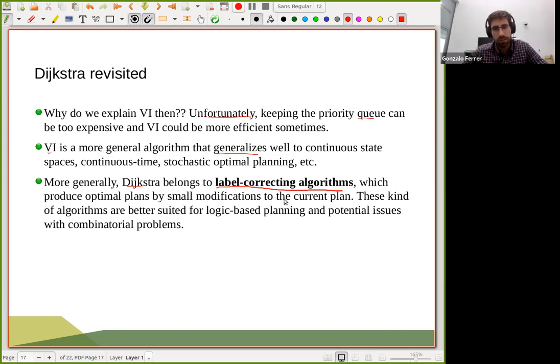So you are doing little updates to your plan. You are not searching over and over again for the full solution. Value iteration is doing an iterative form, but still it's evaluating all the states. But with Dijkstra, we should take it as if you were doing small increments on your plan every time, and you try to improve your plan every time.